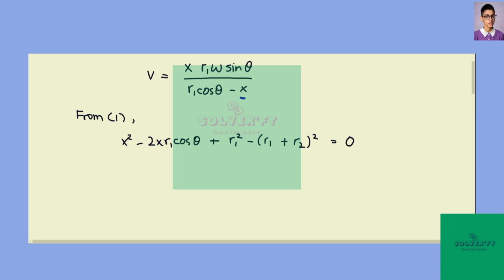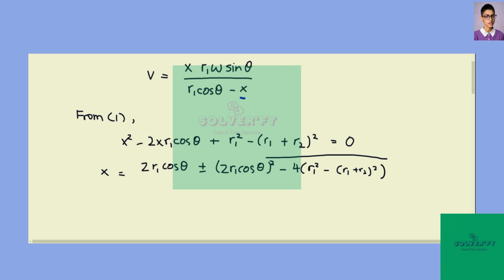So we use the quadratic formula. x will be 2 R1 cosine theta plus or minus the square root of (2 R1 cosine theta) squared minus 4 times (R1 squared minus (R1 plus R2) squared), and then divide by 2.